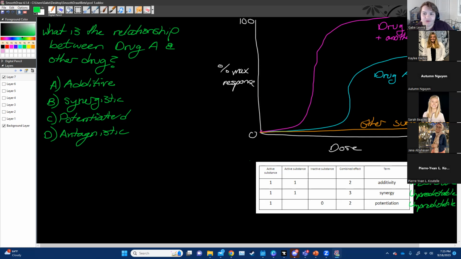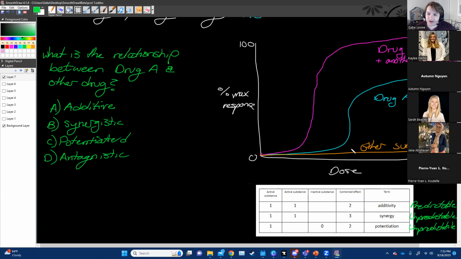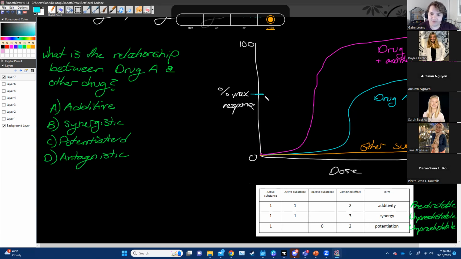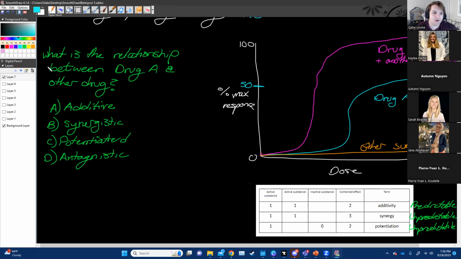So when we look at what's going on here and we look at the responses, we can extrapolate this idea a little bit. Drug A appears to be at about 50%. I didn't draw this very well, but you can forgive me, I was attempting to go for about 50. I think we can all agree that the combined is at 100.